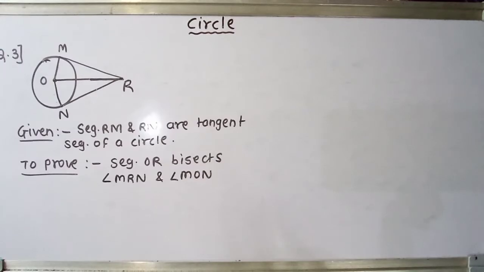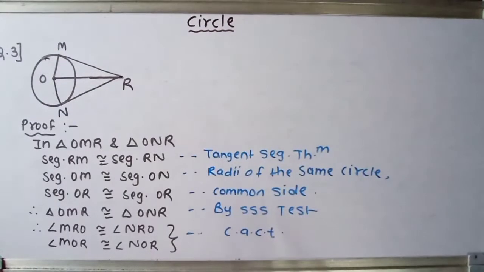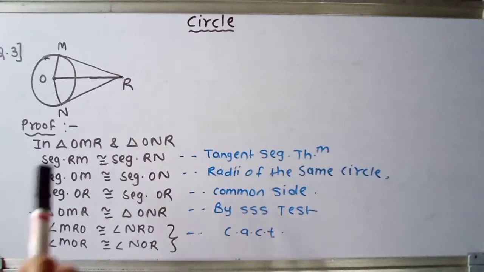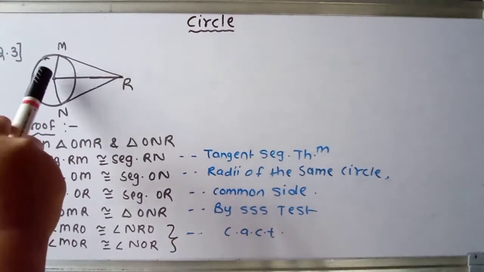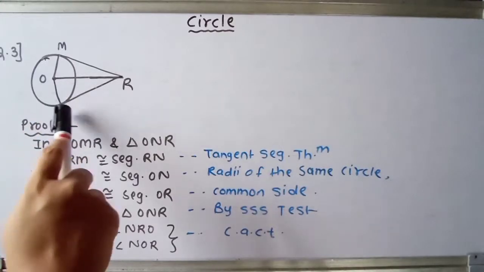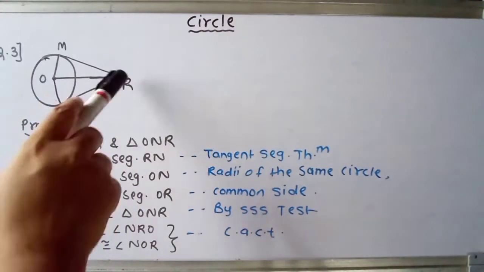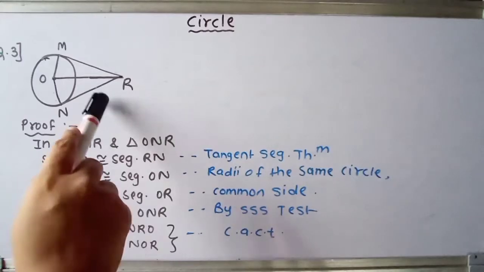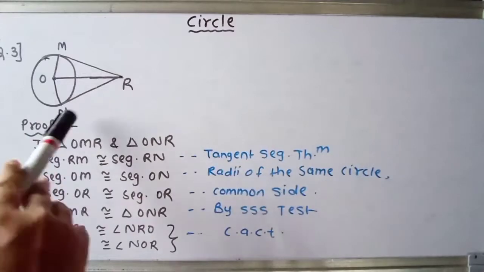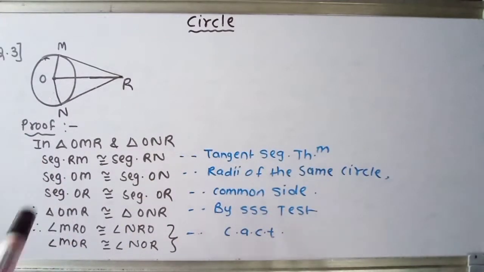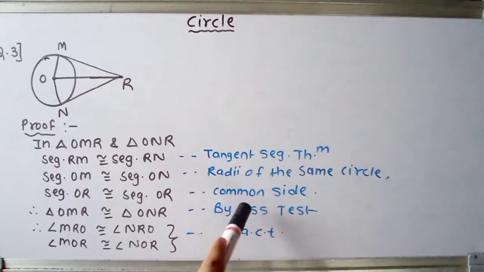So let's start with the proof. We have to prove these two triangles are congruent to each other, so that by CACT we can prove these angles are congruent. In triangle OMR and triangle ONR, we can write RM congruent to RN using the tangent segment theorem. Then segment OM congruent to segment ON, radii of the same circle, and OR congruent to OR, the common side.